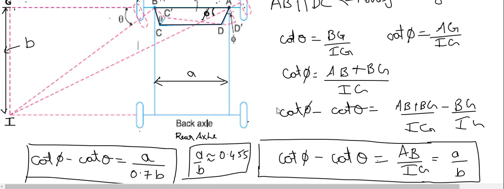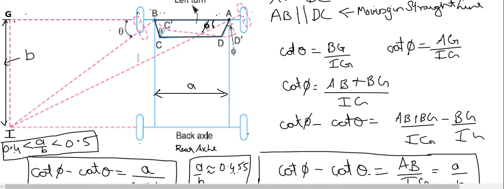And A by B should vary from 0.4 to 0.5. That means the difference of cot of those two angles should be within these limits. So this is the condition for the steering gear mechanism. In general we take A over 0.7B, A by B should be 0.455, and generally this A over B ratio varies between 0.4 to 0.5. These are the general conditions for the Ackermann steering gear mechanism to work.